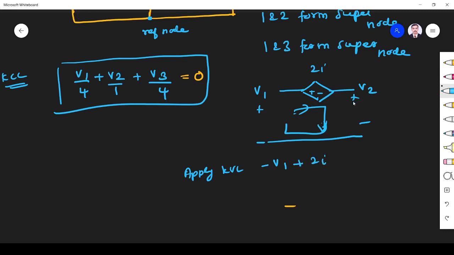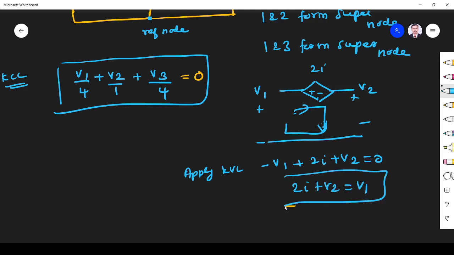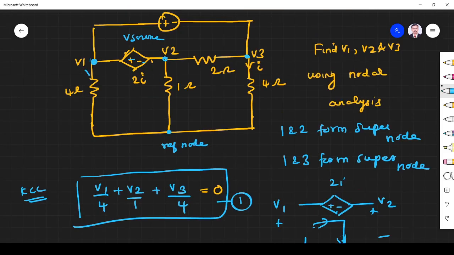Here it is encountering plus, so plus V2 is equal to 0. So 2I plus V2 is equal to V1. Fine. So this is equation number 1, and this is equation number 2. This is one supernode branch, 1 and 2. Similarly, 1 and 3 form a supernode branch.